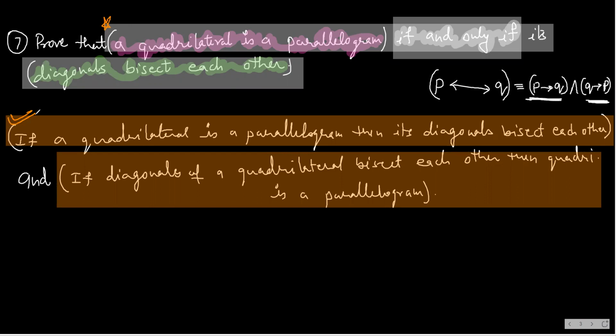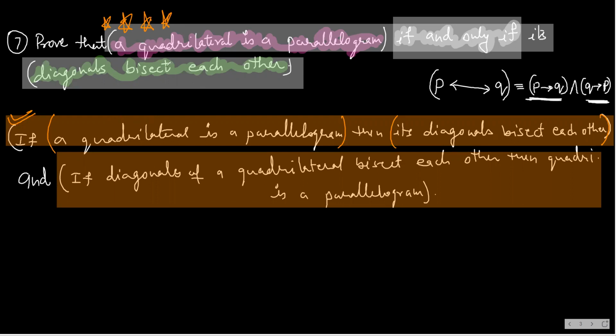See, the first data is we have a quadrilateral which is a parallelogram, and we have to prove that its diagonals bisect each other. If you want to prove this statement, what will you have to prove? Remember, you will have to go in two steps.